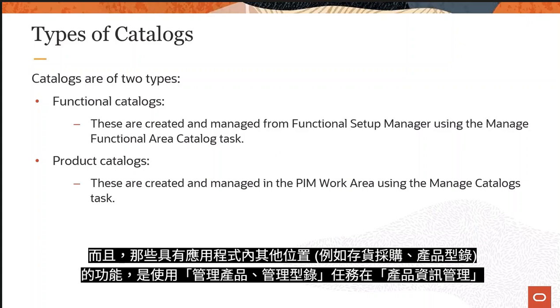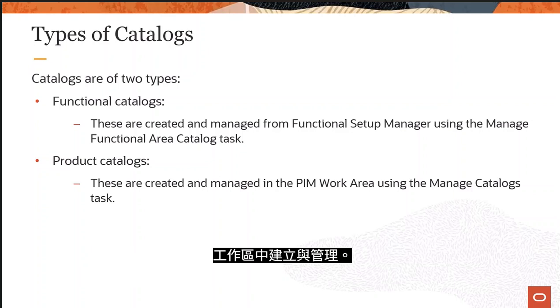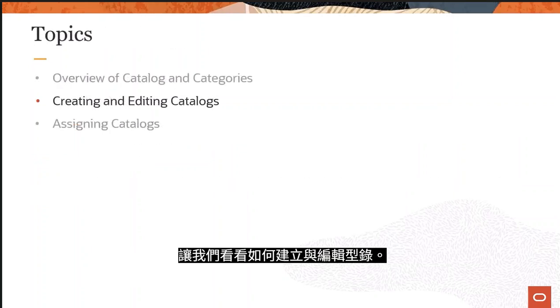And those have functionality for other places within the application, like inventory, purchasing. Product catalogs are created and managed in the product information management work area using the manage catalog task. So let's look at creating and editing catalogs.